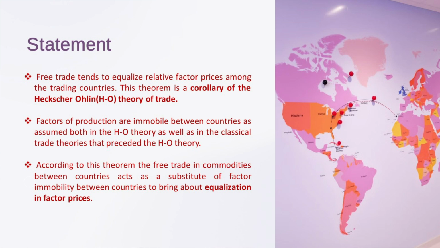Now, according to this theorem, that is the factor price equalization theorem, the free trade between countries in commodities acts as a substitute of factor immobility between countries to bring about equalization in factor prices.